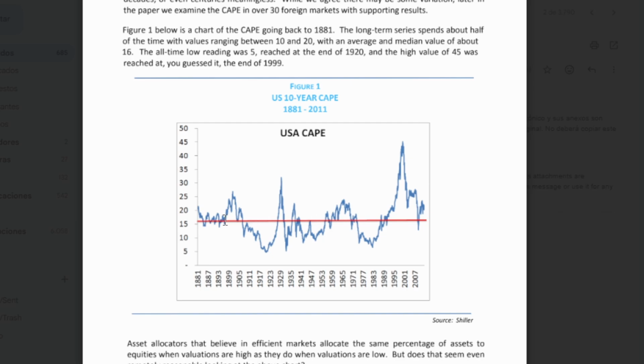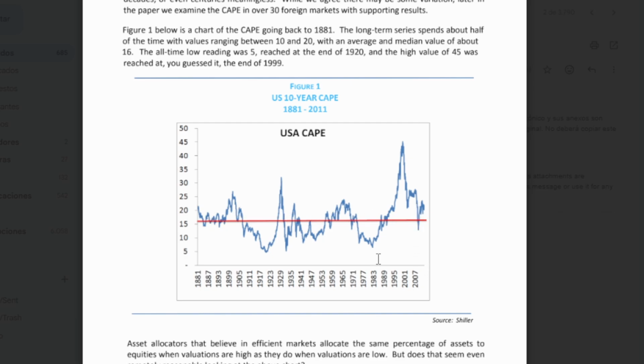Then you have this red line, which is the average. This is an average reading over the last 130 years, which is a huge amount of data. The red line, which was the average by 2007, right now should be a little bit higher.